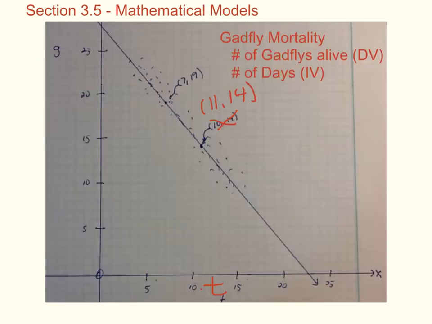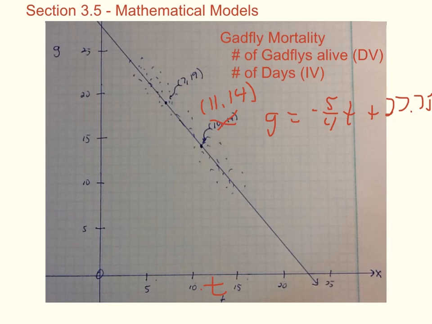So here's our equation. G equals negative 5/4 t plus 27.75. Now, does that make sense? We look over here. At day 0, our intercept is roughly 27.75.